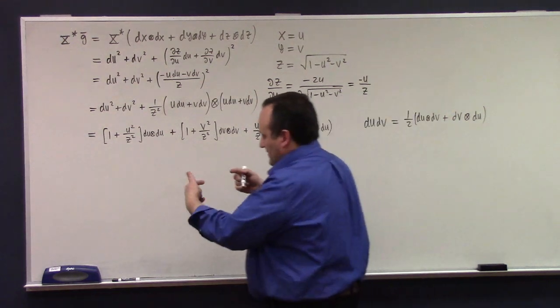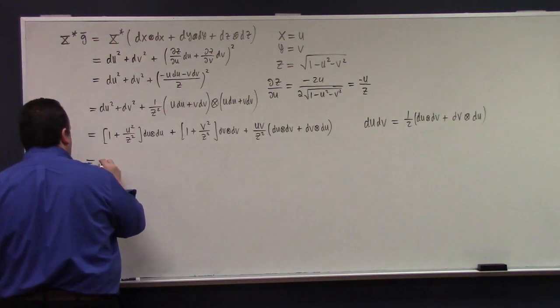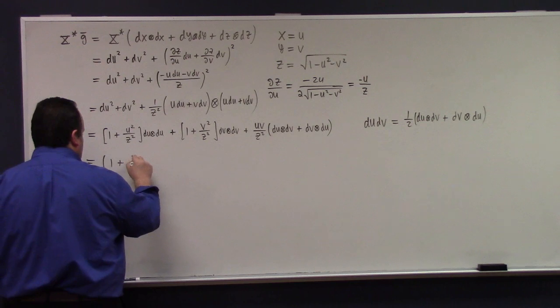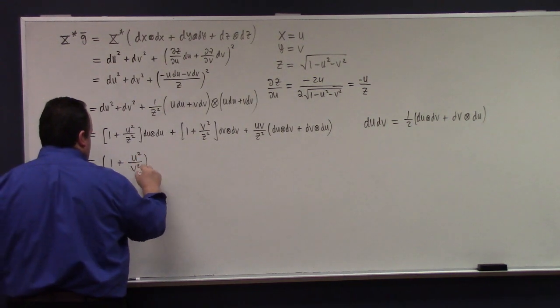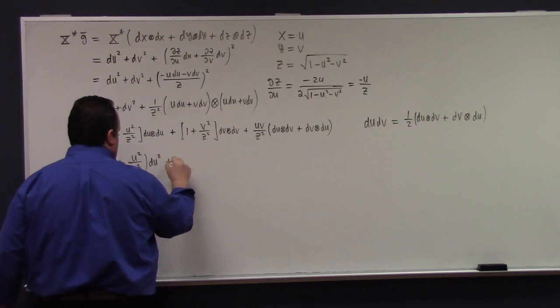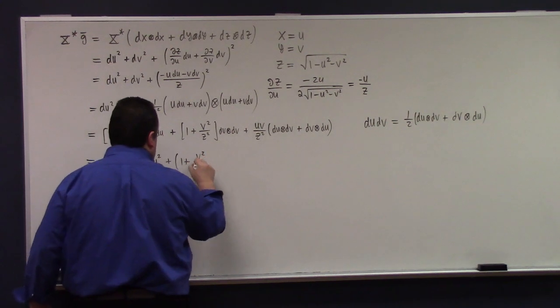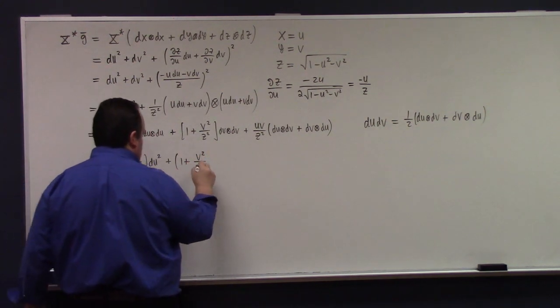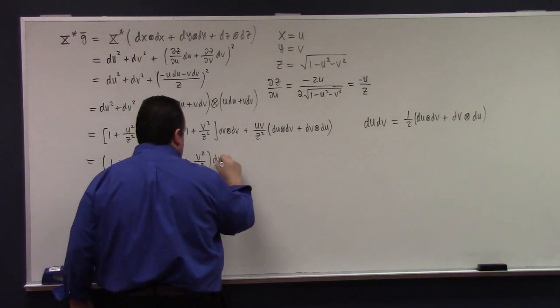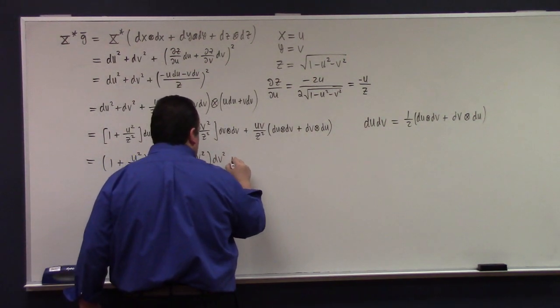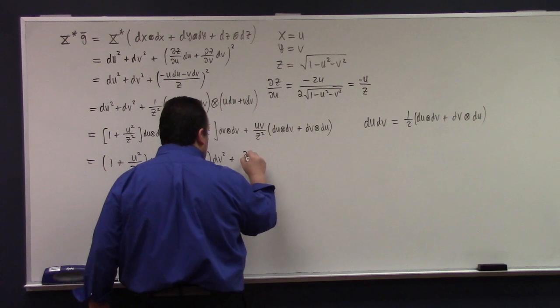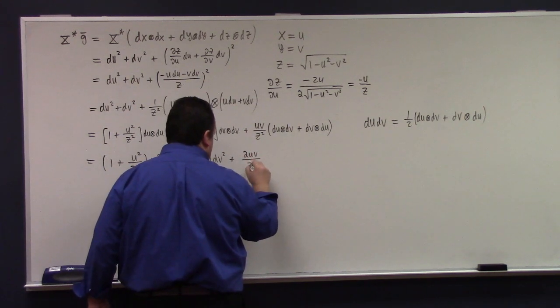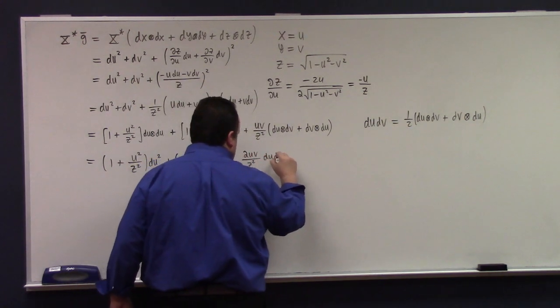So to rewrite this, I have 1 plus u squared over z squared du squared plus 1 plus v squared over z squared dv squared. Oh man, that was a z, my bad. And then this is, I believe, plus 2uv over z squared du dv.